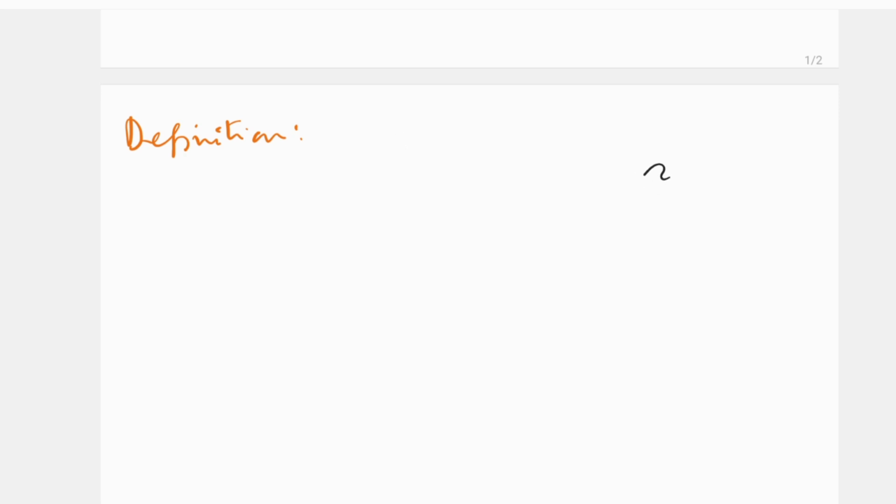Now I shall draw a curve, and I will draw a tangent to the curve at point P. This is the tangent I have drawn.